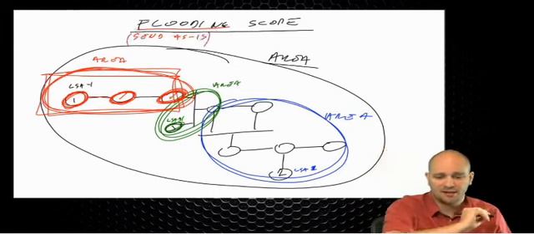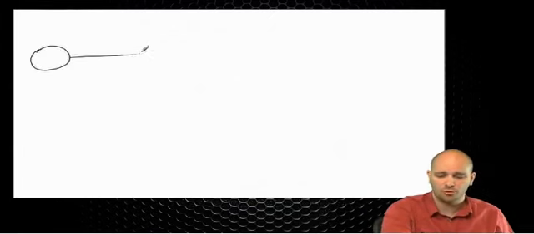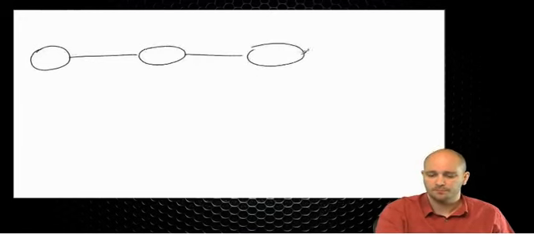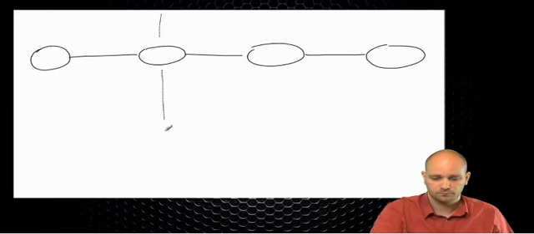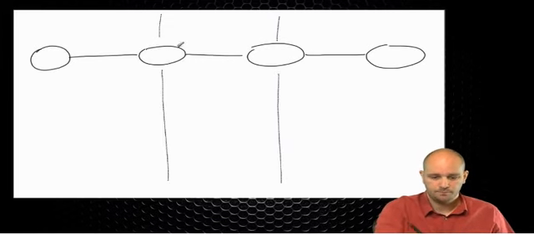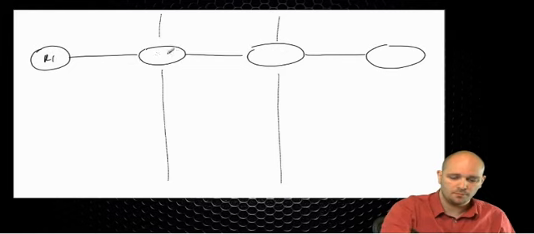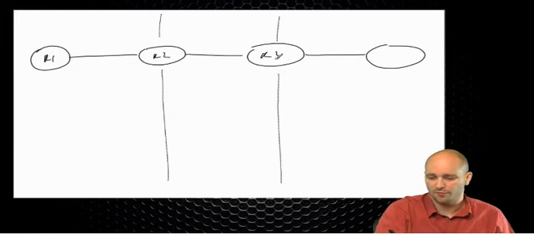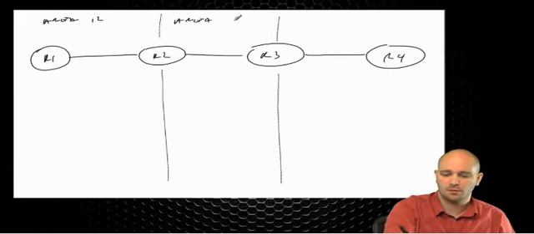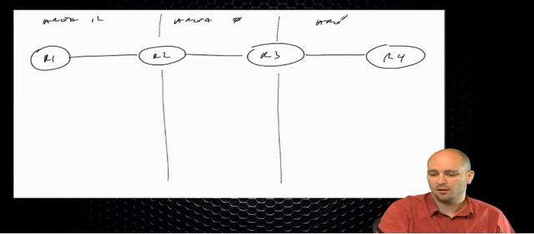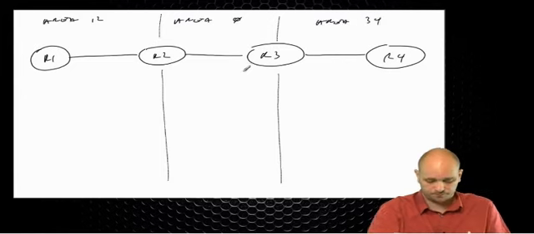So to give you a practical example, and this is the network that I'm going to use to examine all of the LSAs, I'm just going to draw 4 routers here. Let's say this was R1, this was R2, this was R3, this was R4. Let's say that this is area 12, and this is area 0, and this is area 34.